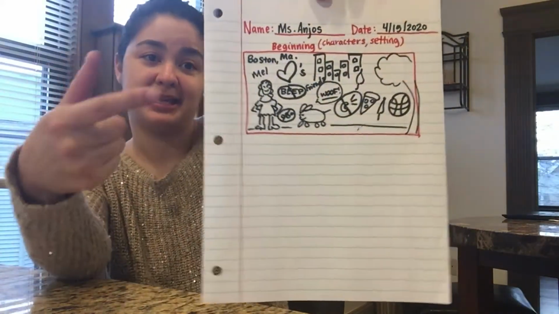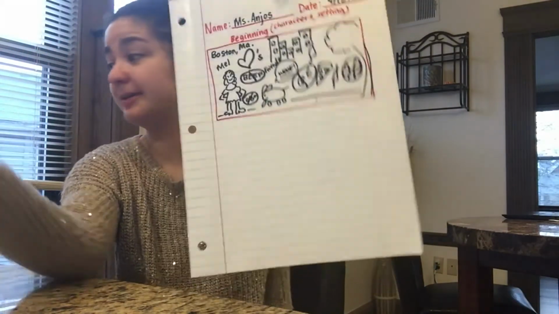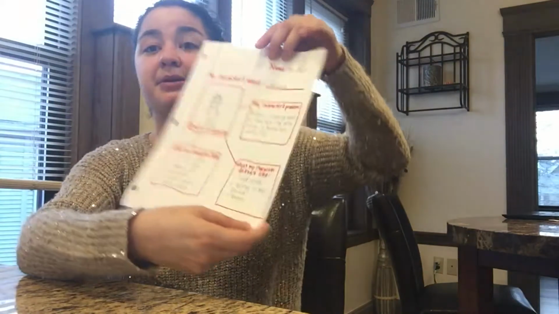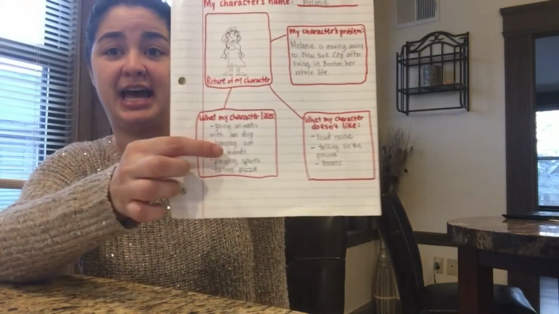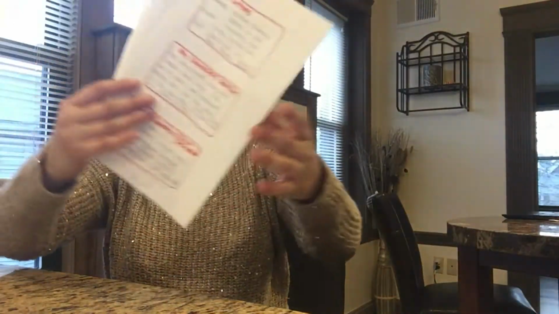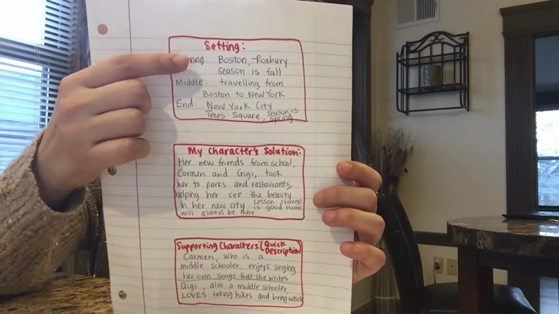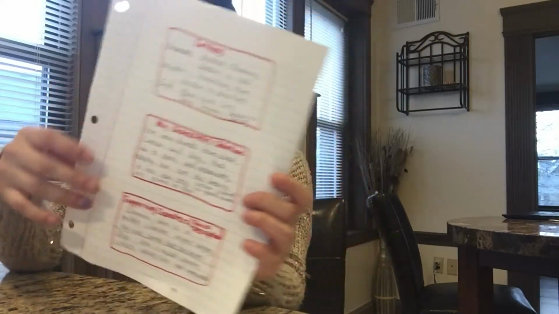I see my girl Melanie, who loves her city, Boston, and all the things she loves here. I'm looking at my organizer at what she likes and what she doesn't like, okay? And I'm locking this all in my brain. And lastly, I look at the setting, which in the beginning is they're in Boston and the season is fall, okay?